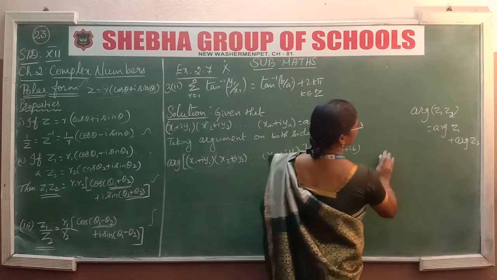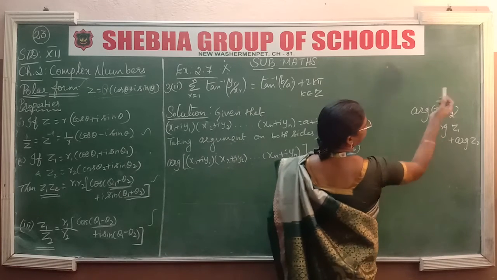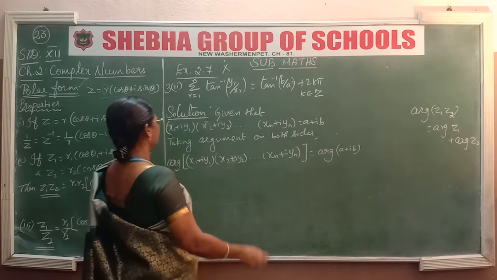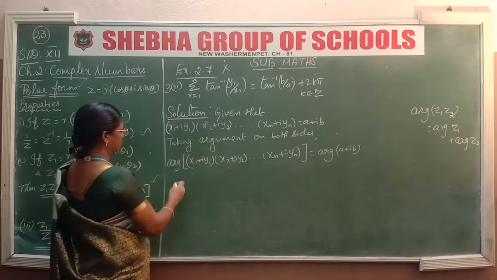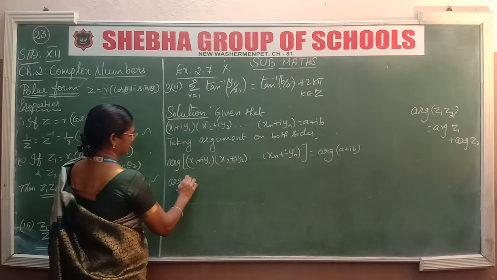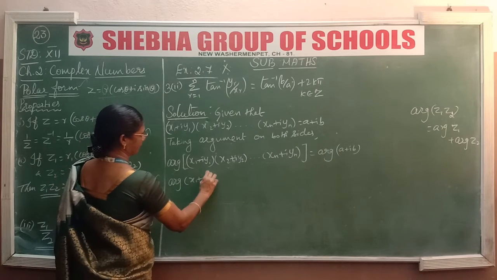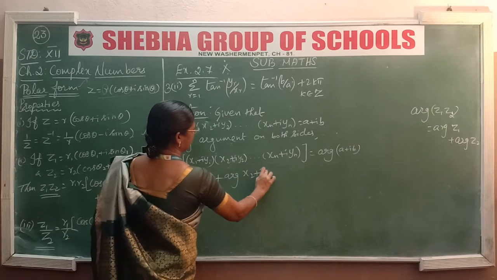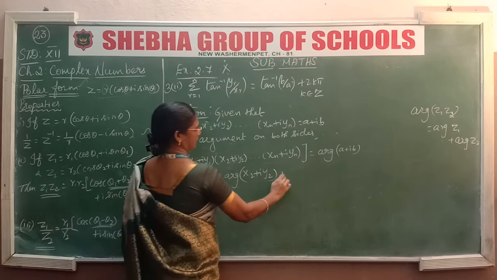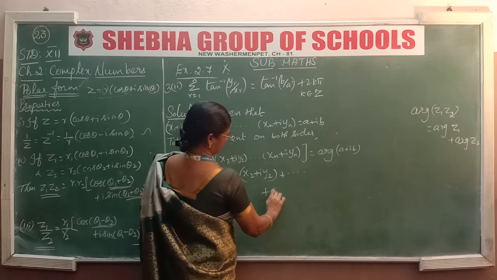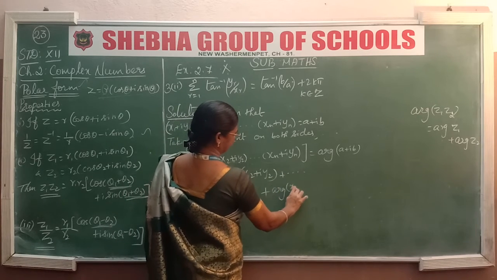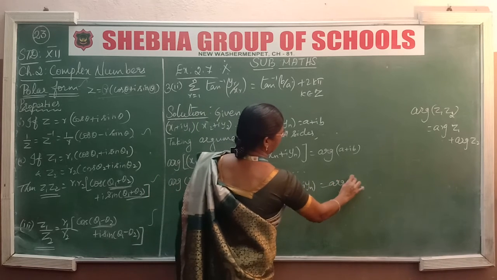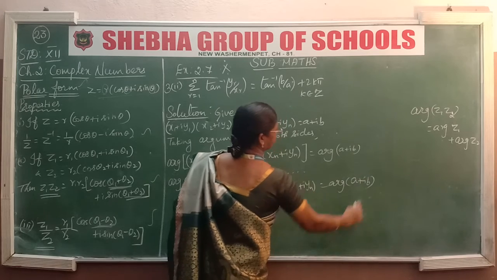We know argument of z1 into z2 equals argument of z1 plus argument of z2. We apply this for up to n terms also. So this becomes argument of (x1 plus iy1) plus argument of (x2 plus iy2) plus and so on plus argument of (xn plus iyn) equals argument of a plus ib.